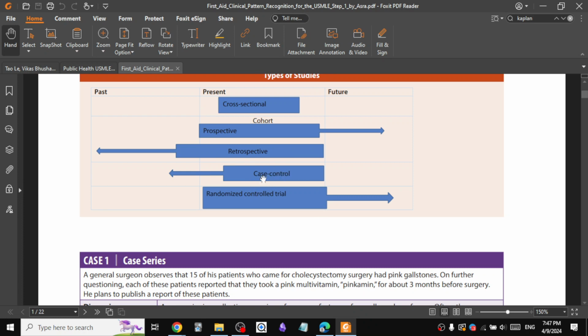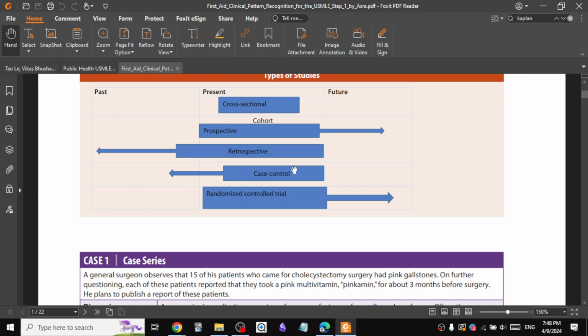Case control: you already have a patient, you already have a case, you have the participants, but then you ask them or go through their history about their past and what happened. It's like looking through an hourglass, trying to find what significant finding is common amongst these cases and these controls.